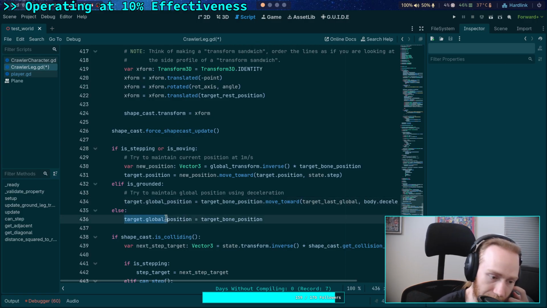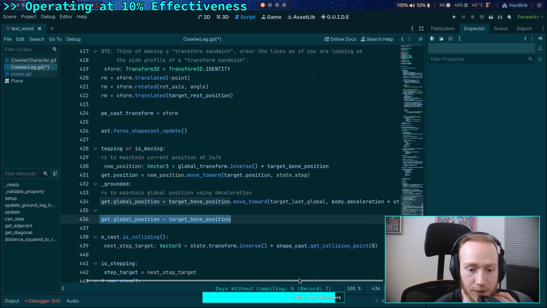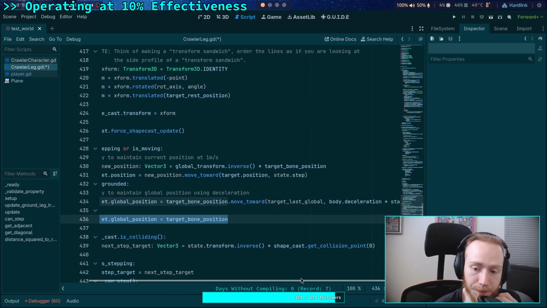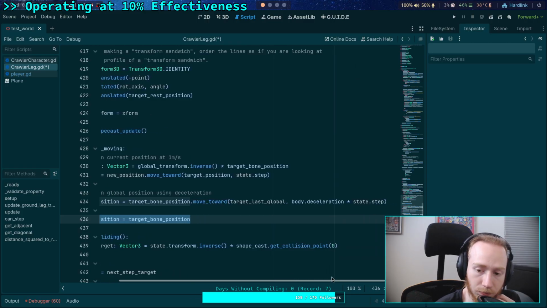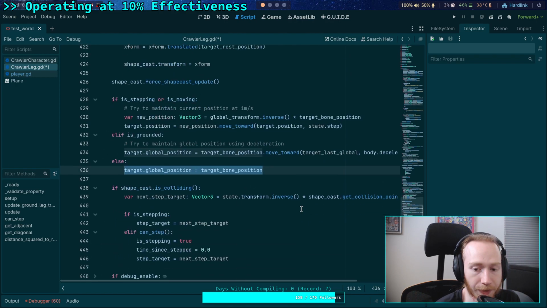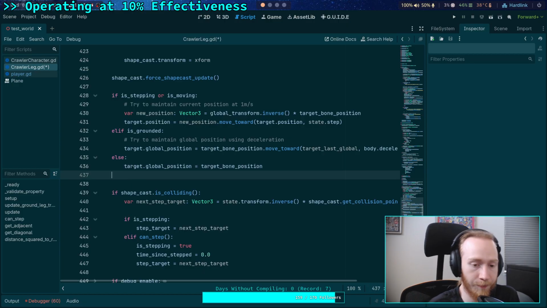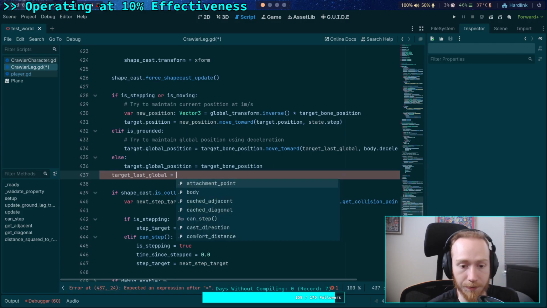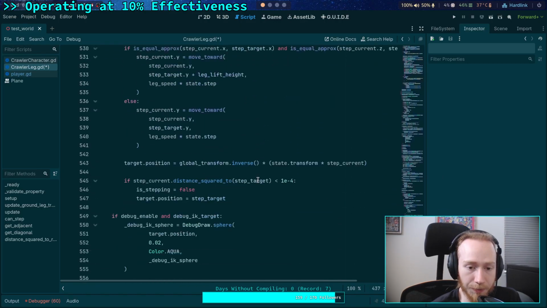Otherwise, we're not trying to do anything, so just keep it basically set with the leg. And then target last global. I need to update this at the end of everything, basically.